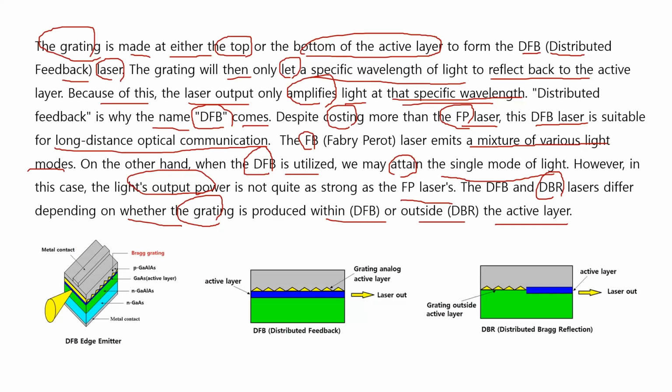So we can fabricate the grating here, then we can amplify the light at specific wavelengths, and this is DFB. In DBR laser, the grating is outside of the active layer, and in the DFB laser the grating is inside of the active layer.